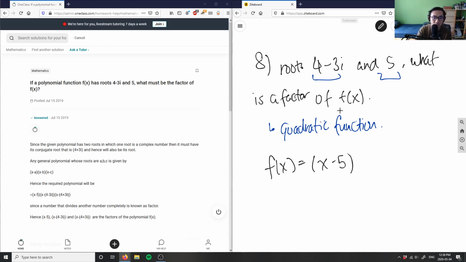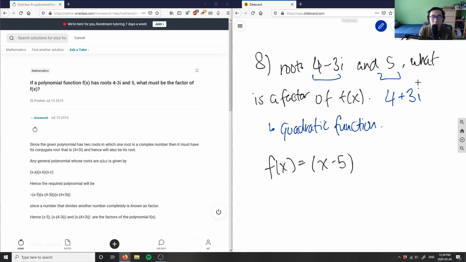So in this case, this is a complex root. If you know from complex numbers, for 4 minus 3i, the complex conjugate of the root is also a root as well. So we can say that 4 minus 3i is a root, but we also have to assume that 4 plus 3i is also a root.